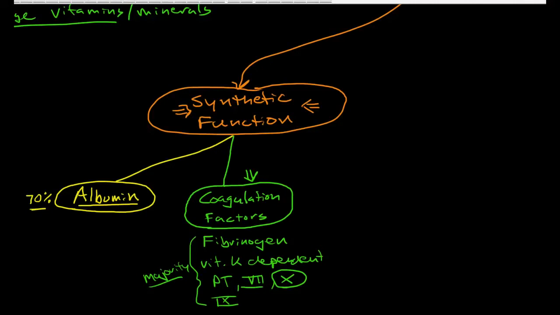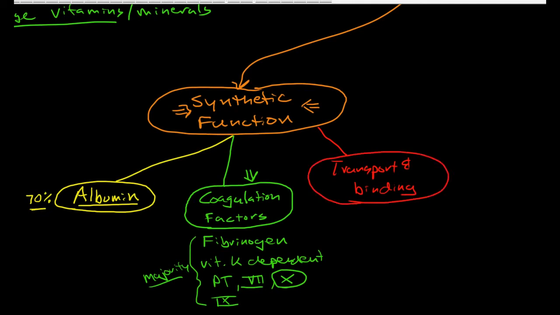Now, another group of important proteins would be transport and binding proteins. And just to give an example of some proteins that we have talked about before, when we talked about the hematologic system, with the iron cycle, we talked about the importance of a binding protein called apoferritin, which when it's bound with iron becomes ferritin, which allows for the storage of iron in the body.